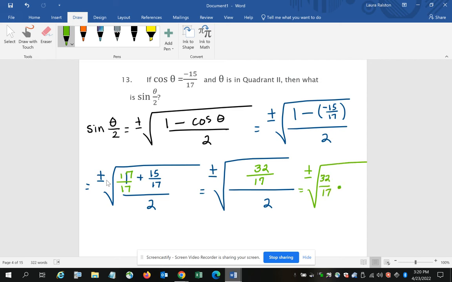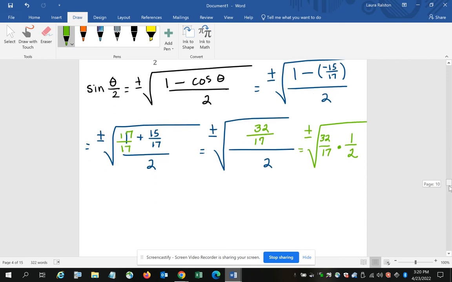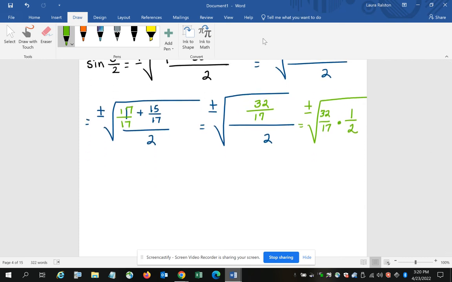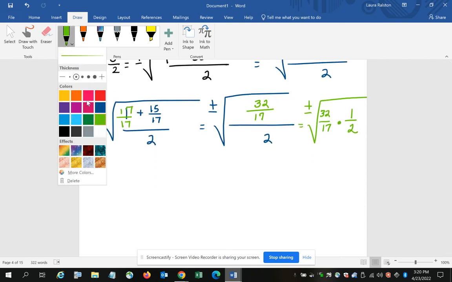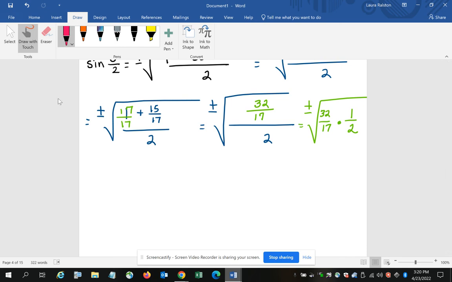So we have plus or minus 32/17 times, remember flip and multiply, 1/2. So that becomes plus or minus the square root of 32 over 34.